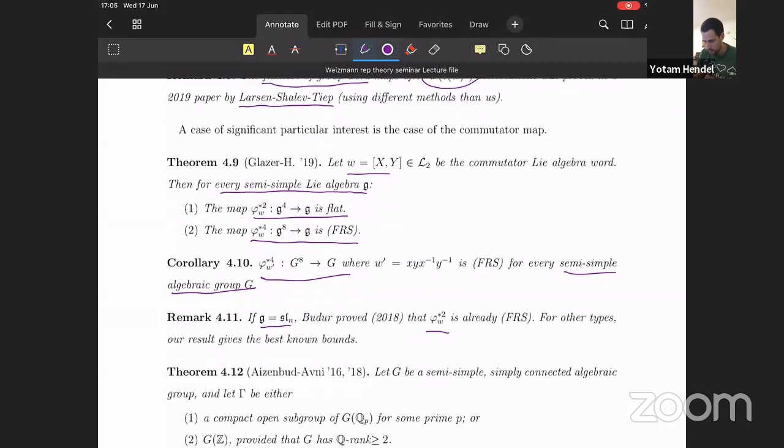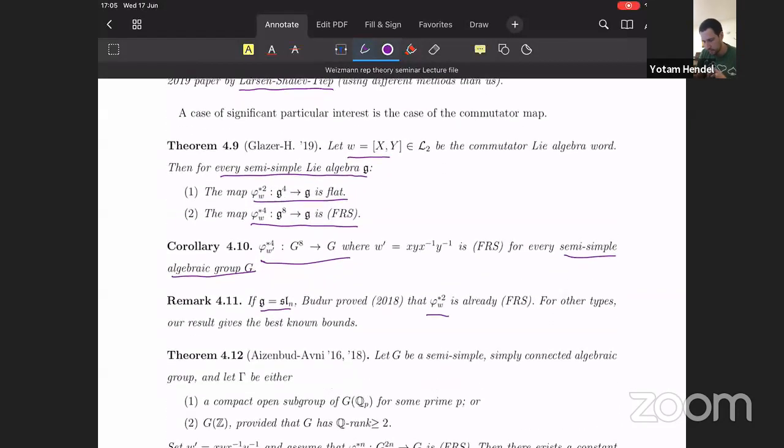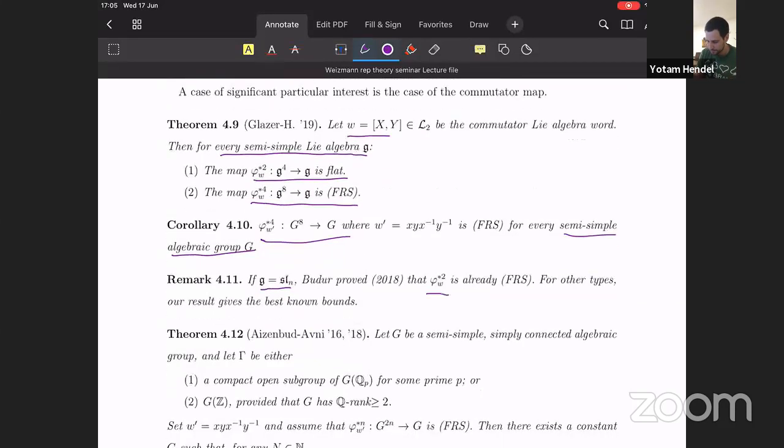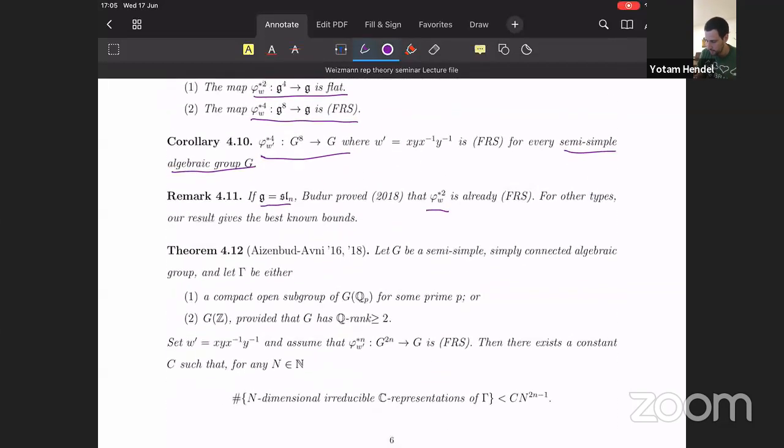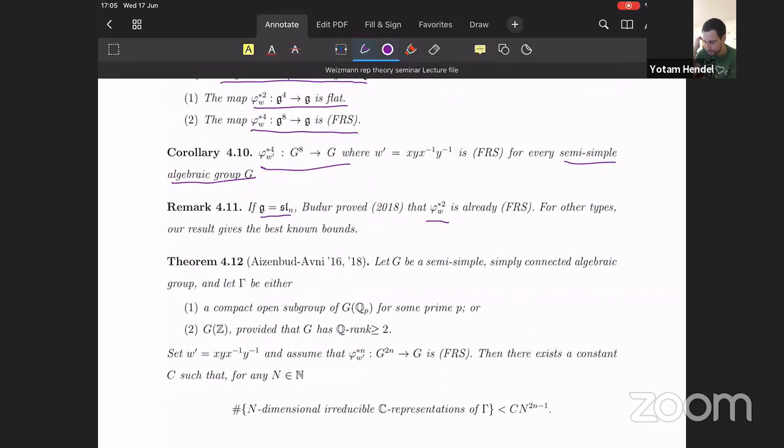And actually, this commutator map is kind of the reason this whole project started. And this is due to the following theorem of Isbord and Avni.